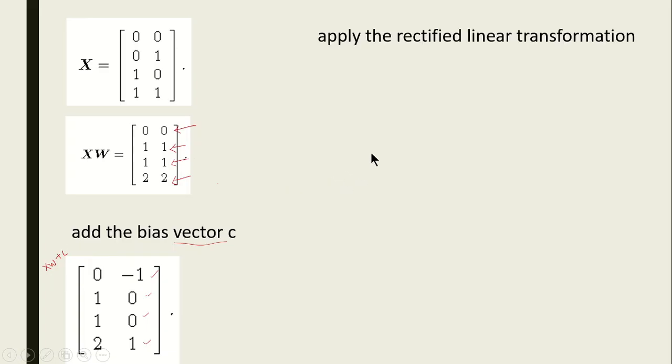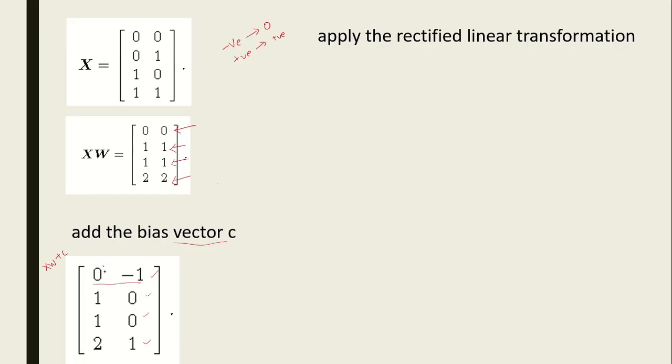Then we have to apply the non-linearity. That means we have to apply the rectified linear transformation. What a rectified linear transformation says is that whenever there is a negative value, the output should be 0, and for a positive value, the same positive value will be given as the output. So for 0 minus 1, the output will be 0 0.